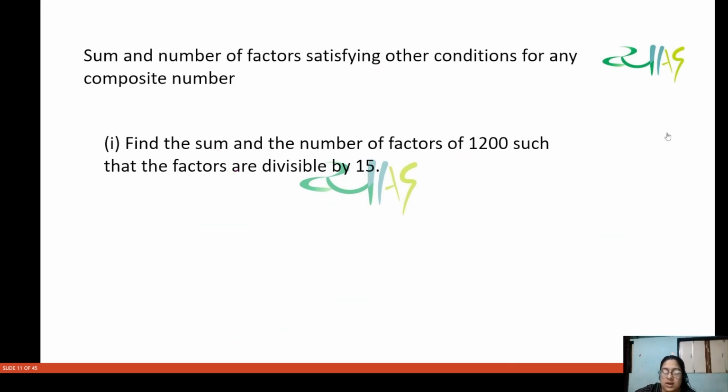Now let's find out the number of factors of 1200 that are divisible by 15. Again we have our same expression, that is 2 to the power 4 into 3 into 5 square. Now see how to find the number of factors that are divisible by 15. Again we will write this expression.